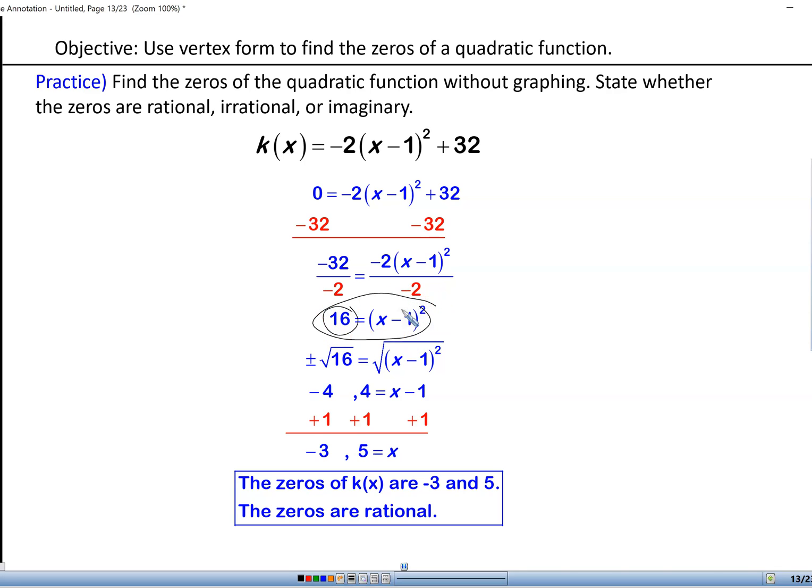This is the step then where you should have then used your square root property, plus or minus in front of the square root of 16. And since 16 is a perfect square, we now have a -4 and a +4, and the +1 is added to each of them separately, giving you a -3 and a 5 as your zeros, and those are both rational numbers.